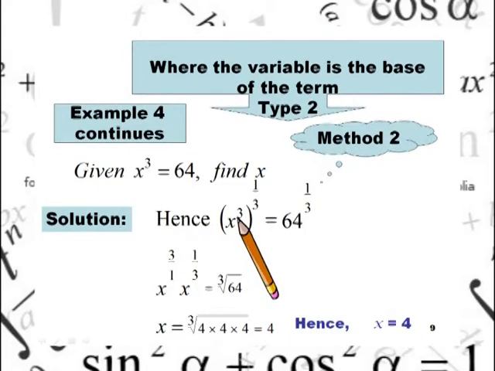Hence, x to the third raised to the 1/3 equals 64 to the 1/3. x to the 3 times 1/3 equals the cube root of 64. x is equal to the cube root of 4 by 4 by 4, which equals 4. Hence, x is equal to 4.